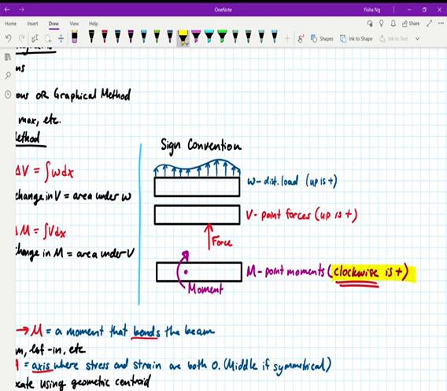It can help to rationalize that the reason clockwise is positive is because you're comparing external to internal loads. If that helps you, that's one way to remember it. But basically, for point moments that are externally acting on your beam, clockwise is positive.